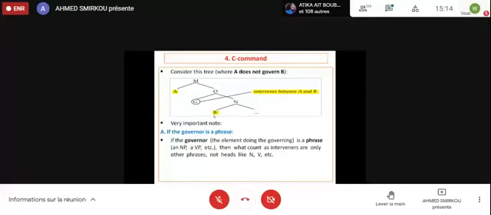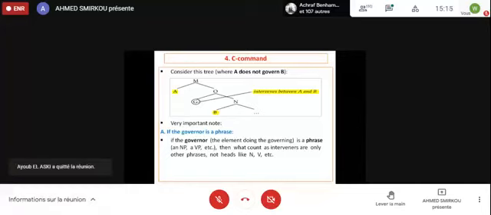Yes. Why? Because if you have a phrase here, and this is a lexical category, lexical categories are noun, verb, adjective, adverb, etc. Phrasal categories are adjective phrase, adverb phrase, noun phrase, preposition phrase, etc. So if you have a phrase here, then the one that blocks government must be a phrase.